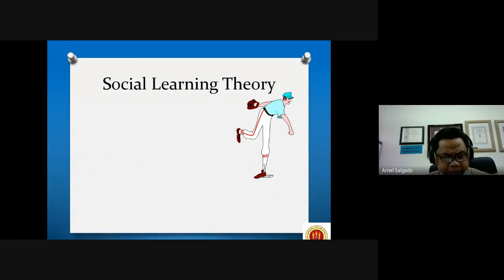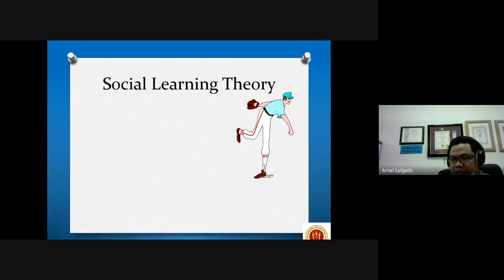Now, basically, this is what you're going to do in SLT. You demonstrate, students follow. Like for instance, when you are trying to learn baseball, softball, or any ball games that you know of, or maybe golf, you don't have any idea about the game. You do not have any idea about positions.